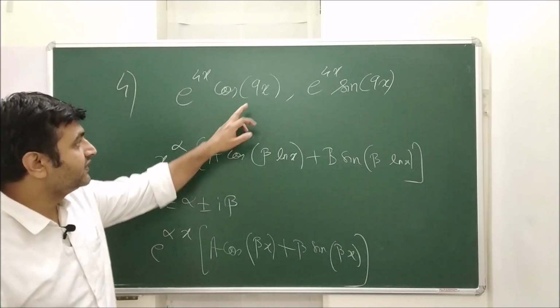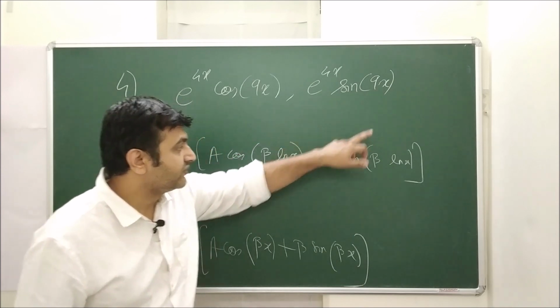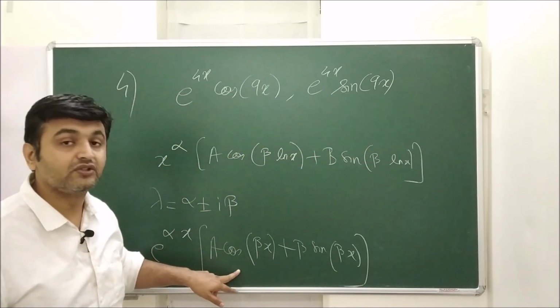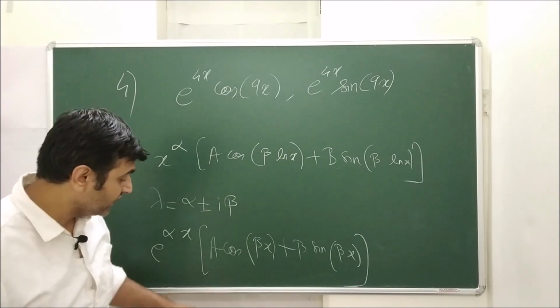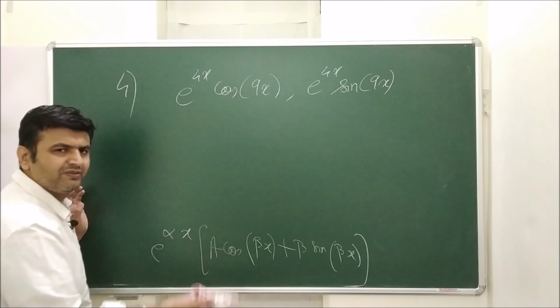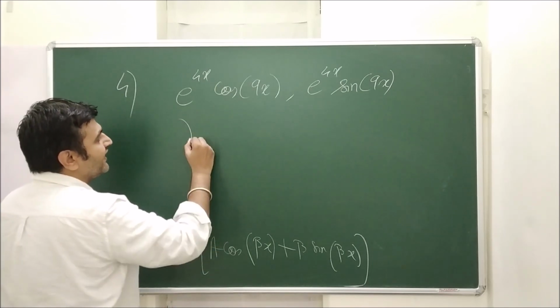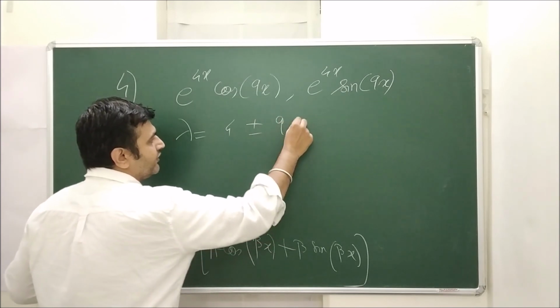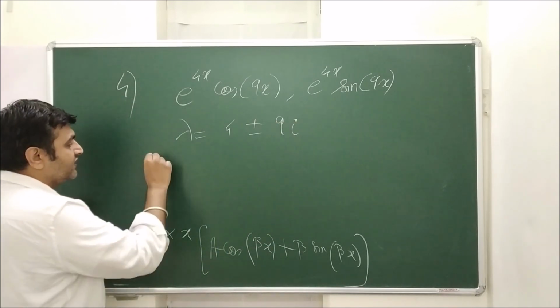So as you can see here, there is no ln x. So therefore this is not for Euler-Cauchy, this is for constant coefficients. Okay, so when you observe such things, problems become very easy. So my lambda is real part plus minus imaginary part into i. So what is the auxiliary equation?